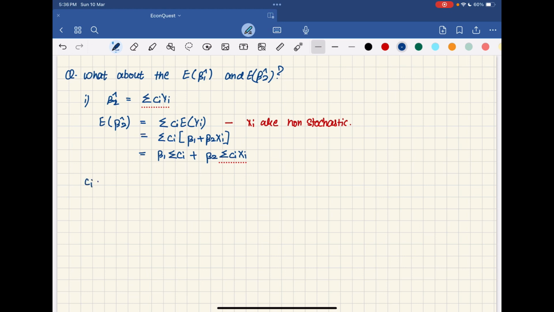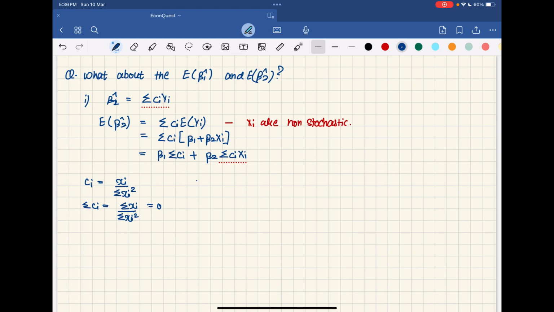So your ci is equals to xi upon sigma xi squared, right? So your sigma ci equals to sigma xi divided by sigma xi square, right? This is equals to 0.